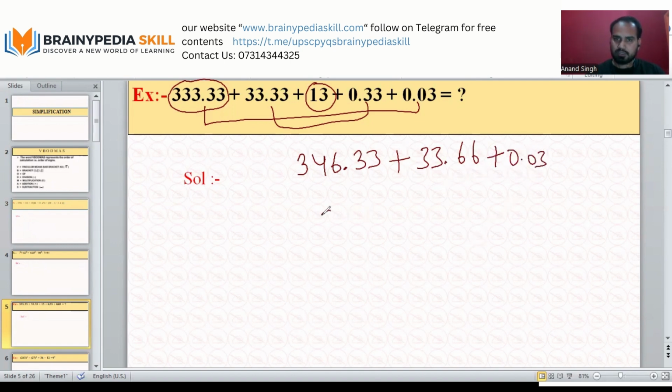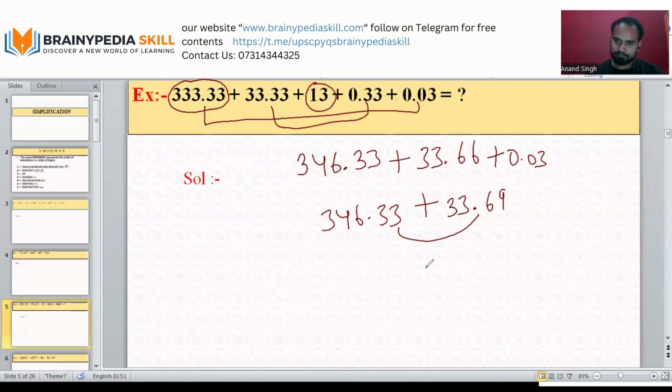Again, add these two numbers, 346.33. This is going to be 33 point how much? 0.69, right? Now add these two numbers, right? Which is going to be how much? How much is it going to be, guys? Just pick these two numbers.